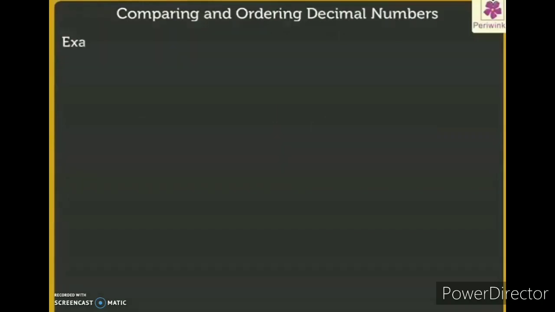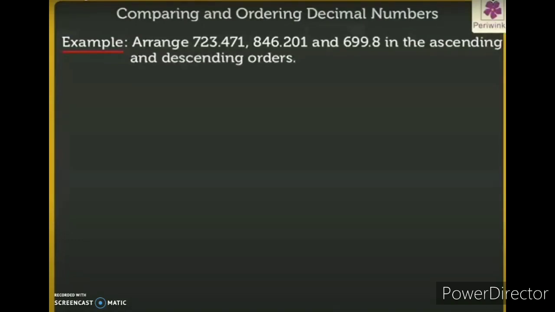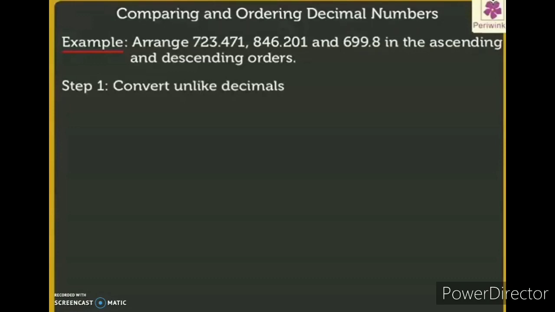Next, dear children, comparing and ordering decimal numbers. We have an example: arrange 723.471, 846.201 and 699.8 in ascending order and descending order. What is step number 1? Convert unlike decimals into like decimals.